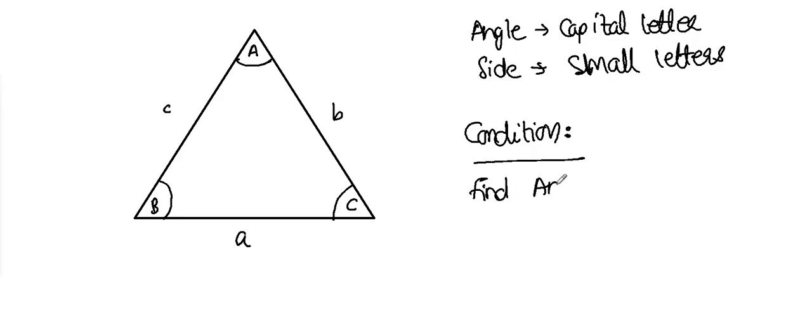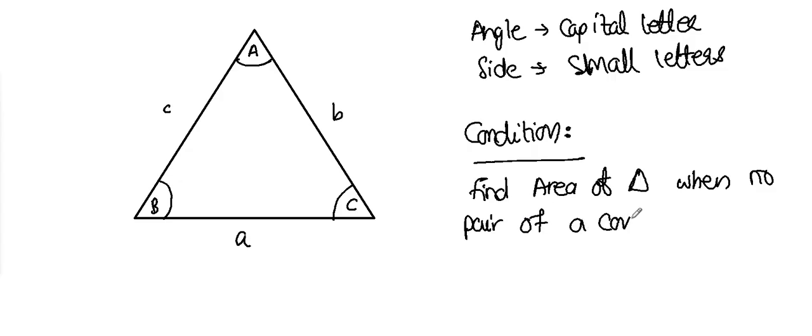Find the area of a triangle when, now here comes the twist, no pair of a correct base or height is given.